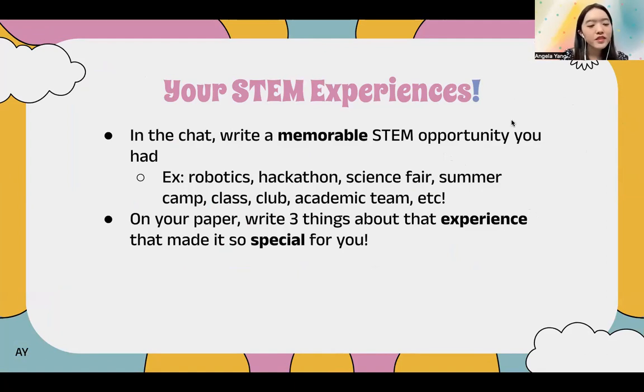For this, you do need 2 pieces of paper and a writing utensil, or you can really just pull up a Google Doc, because not everybody has paper on hand. I would encourage you all to first put a STEM experience in the chat, and then on paper or a Google Doc, write 3 things about that experience that you found interesting or that made it more engaging.